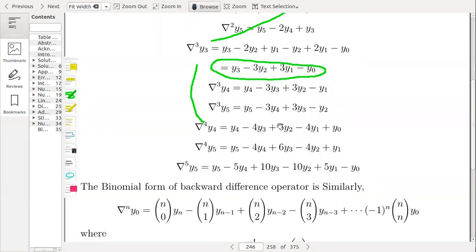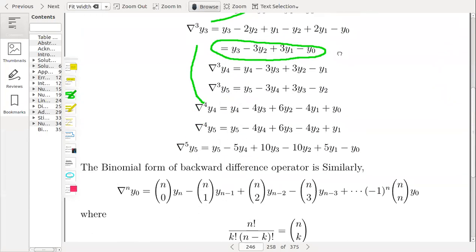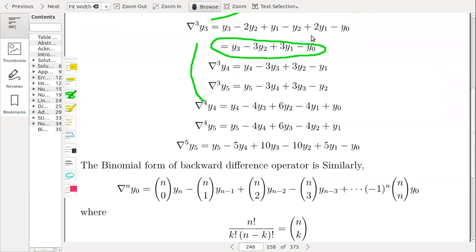The coefficients of these operators also follow Pascal's triangle pattern. So 1, 4, 6, 4. Similarly, we can write the next one: 4 plus 1, 5; 4 plus 6, 10; 6 plus 4, 10; 4 plus 1, 5; and the last and the initial will be 1.